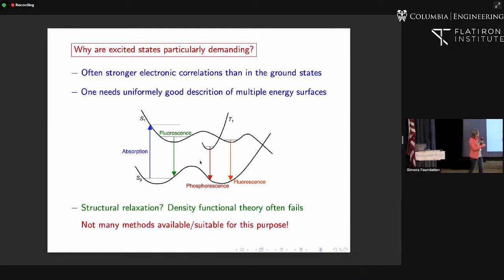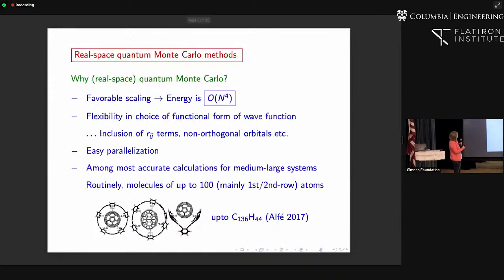Also, what is nice for us is that computing structural relaxation is quite difficult. For instance, time-dependent DFT in proximity of a conical intersection will fail, and that's really a niche where there are not many methods suitable for studying relaxation along an excited state potential energy surface. Here I will talk about quantum Monte Carlo, mostly real space quantum Monte Carlo.